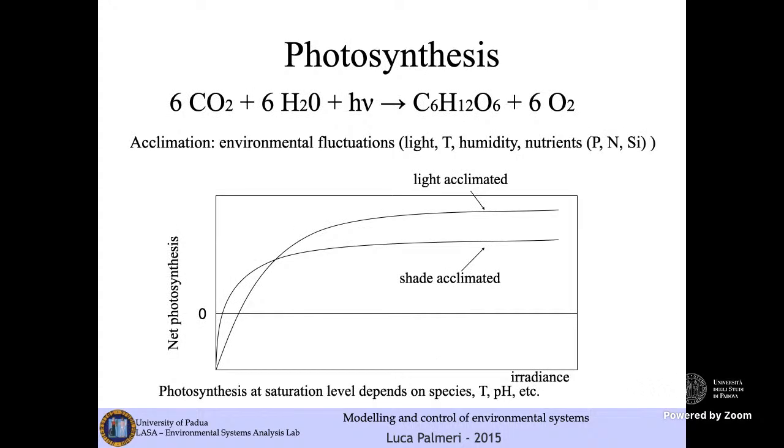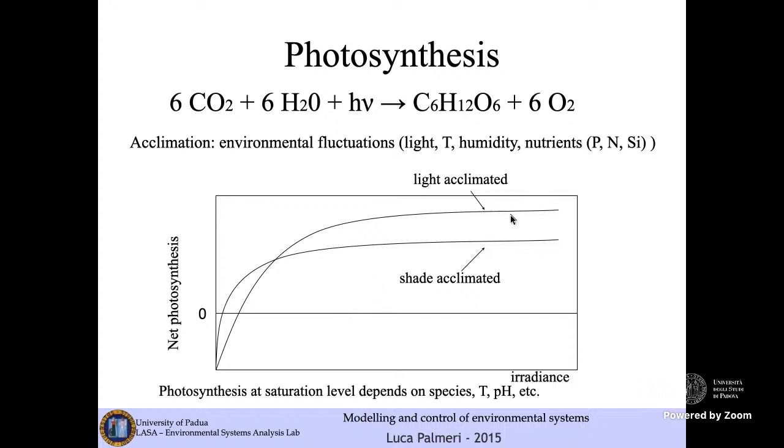In general, we may say that the process of photosynthesis may be described by this type of models. We classically subdivide the photosynthetic machinery into two classes.